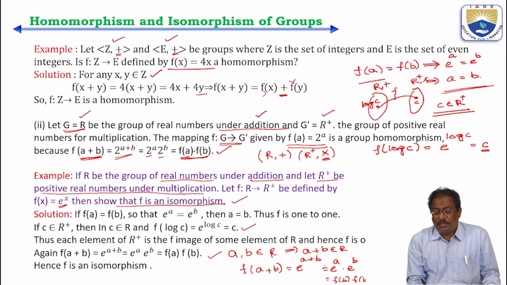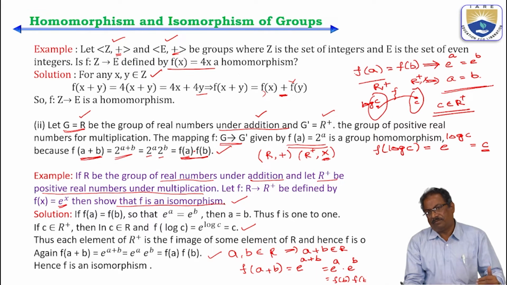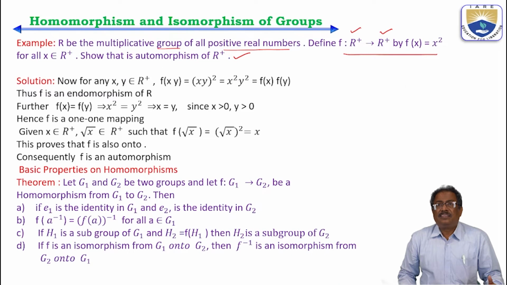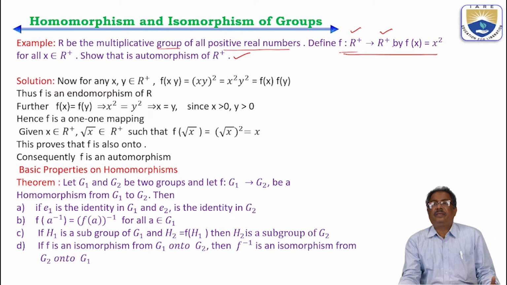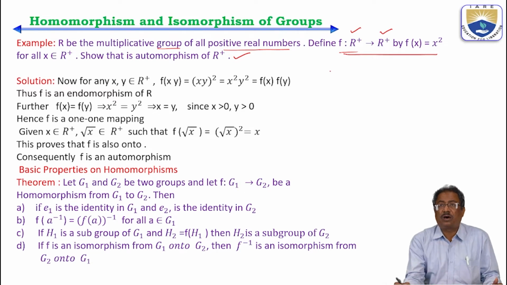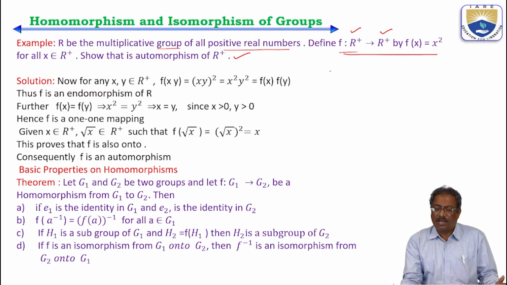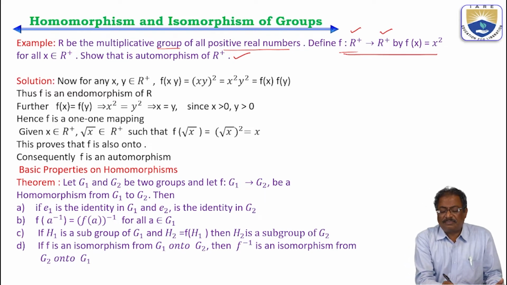Whenever f is a mapping from G to G dash, the conditions 1-1, onto and homomorphism are satisfied, it is isomorphic. The same conditions are to be satisfied, and the function is from the group onto itself, R plus to R plus. Then the isomorphism is nothing but an automorphism.